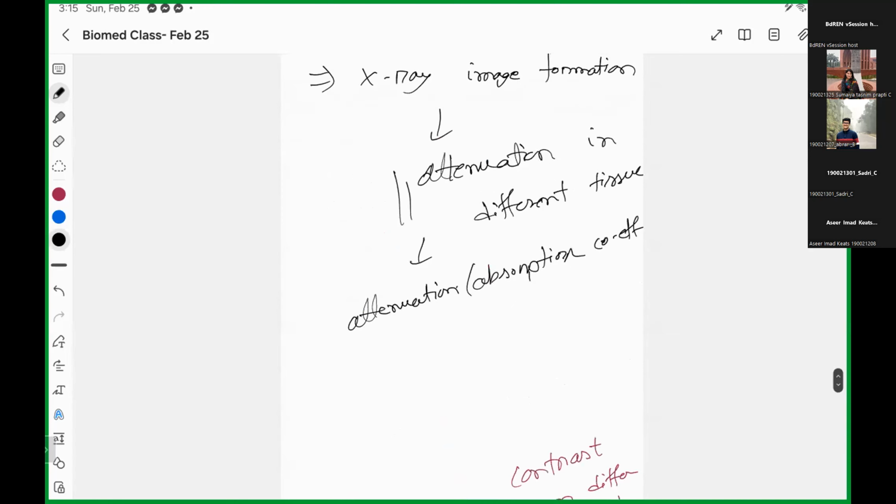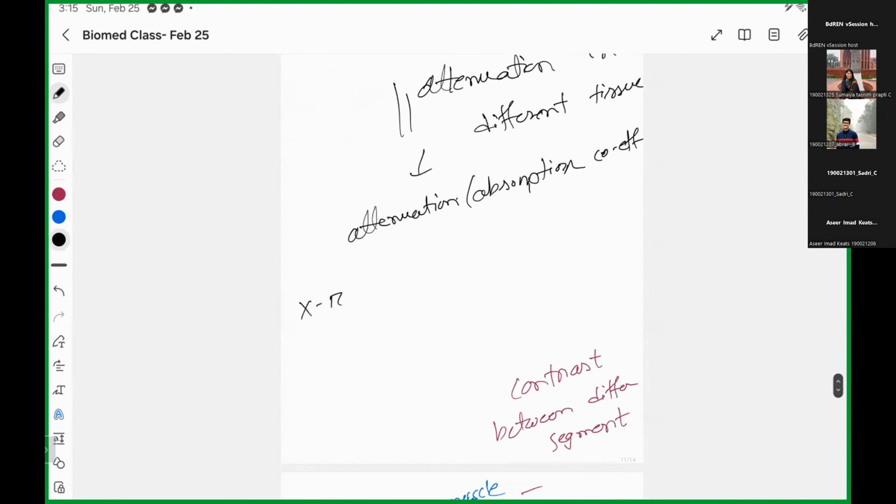You see, X-ray radiation, let's say of this frequency, can pass through our bone. Some of the wavelength will be able to pass through our muscle but will not be able to pass through our bones.